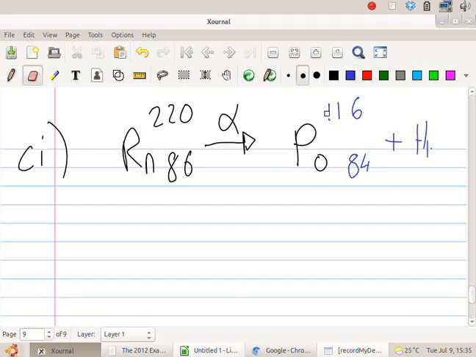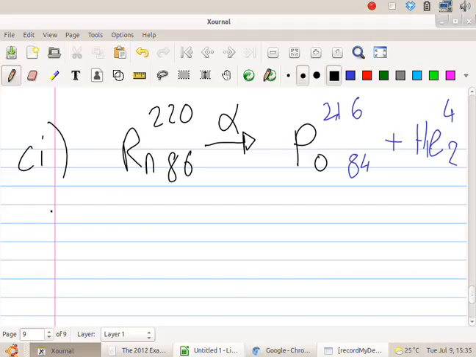Oh, sorry, hang on, I'm being stupid. Of course, it does not lose 104 protons and neutrons. Helium 4, 2. Okay, thank you.